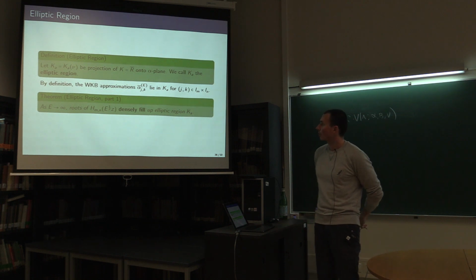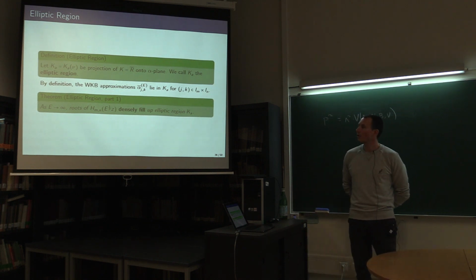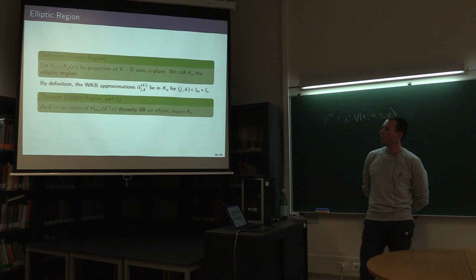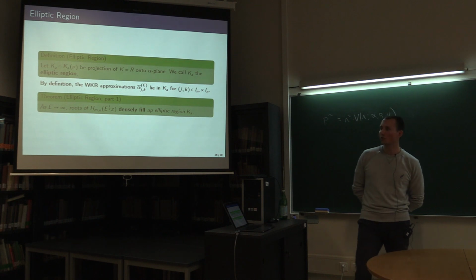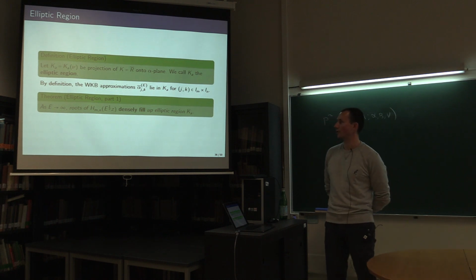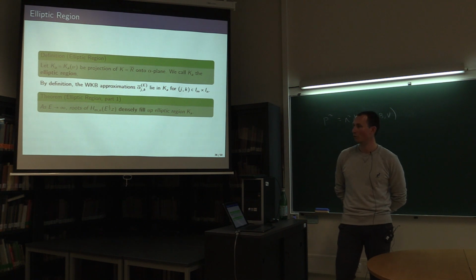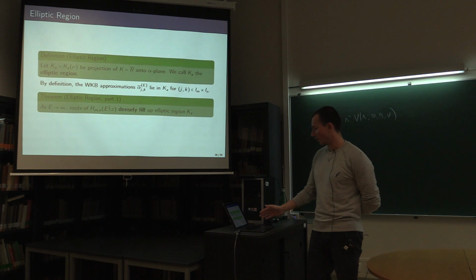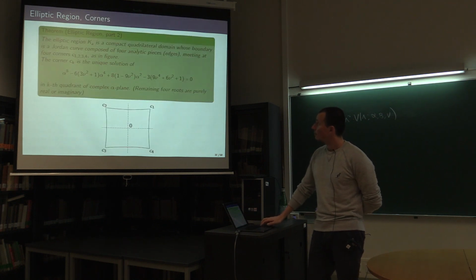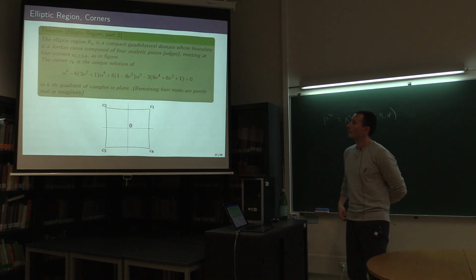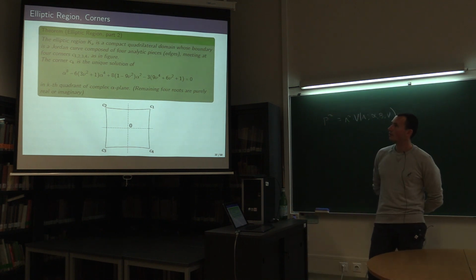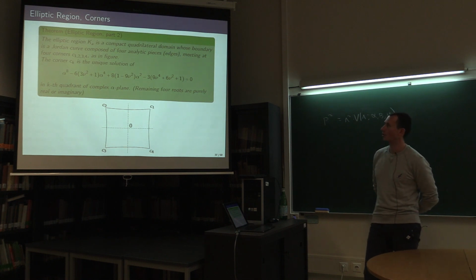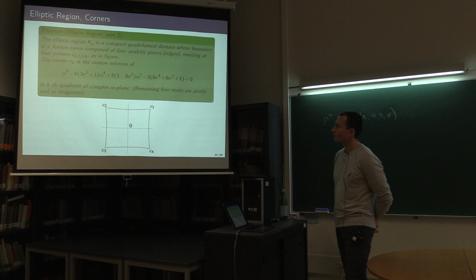So now we have the following theorem on the elliptic region. Firstly, as e goes to infinity, the roots densely fill up this region. That's what we expected. Secondly, this region is very explicit, so we can write it down.